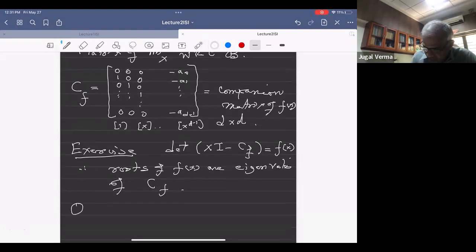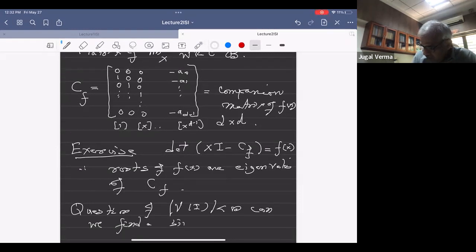So question, if V(I) is finite, can we find a similar result? Yeah.